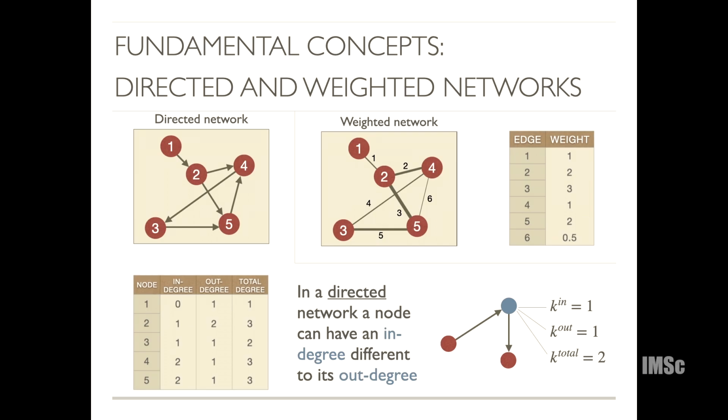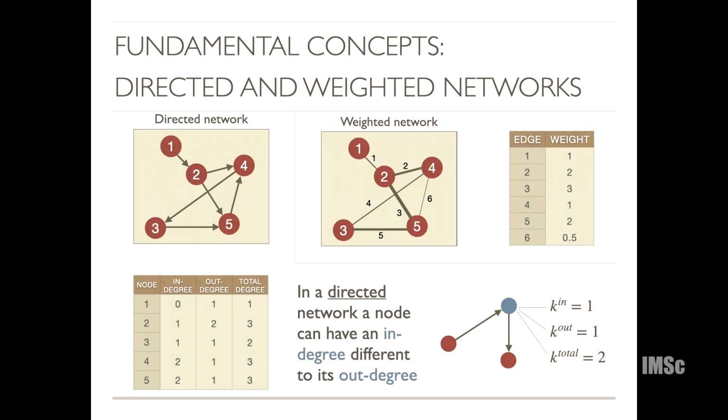Maybe 1 and 2 interact once, 2 and 4 interact 2 times, 2 and 5 interact 3 times, and so on. And maybe we say we need to know that information. I don't just want to know that 2 interacts with 4; I need to know how many times they interacted. That information you can provide by giving the link a weight, and that's the sort of thing that you have over here.